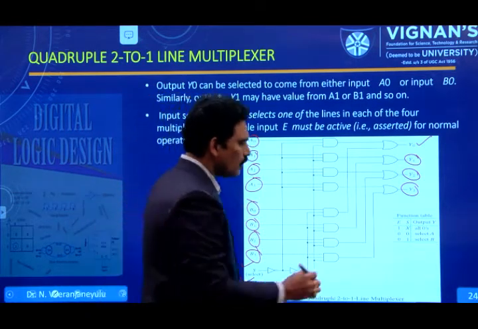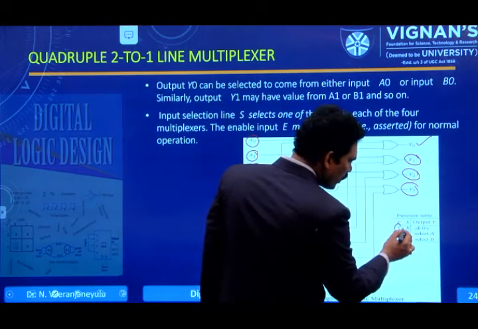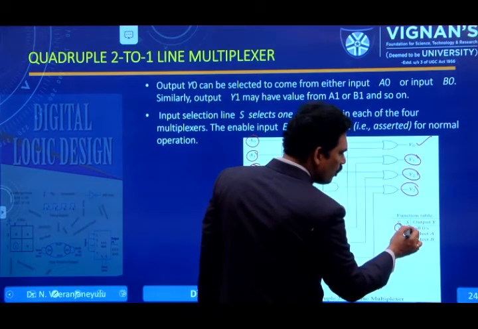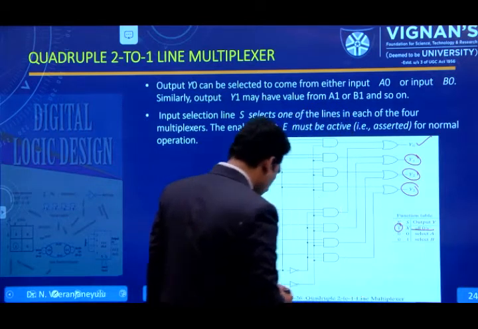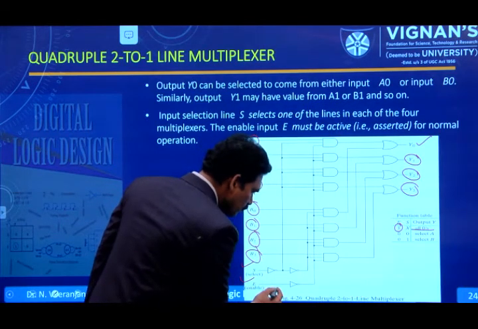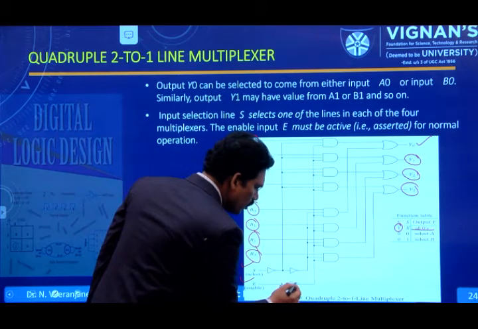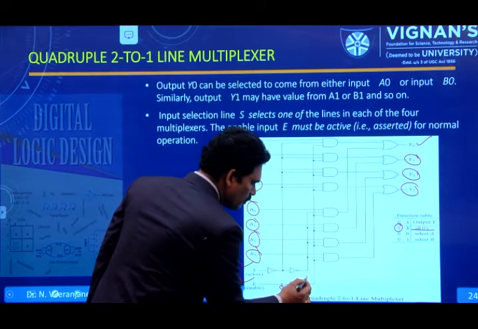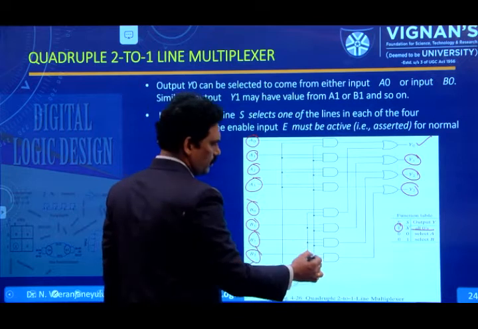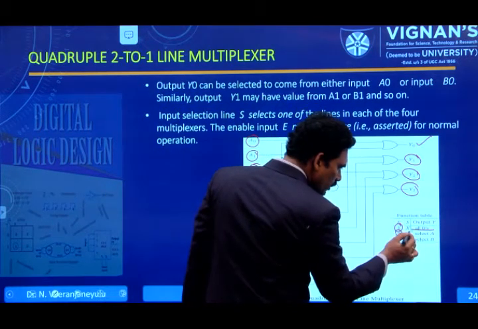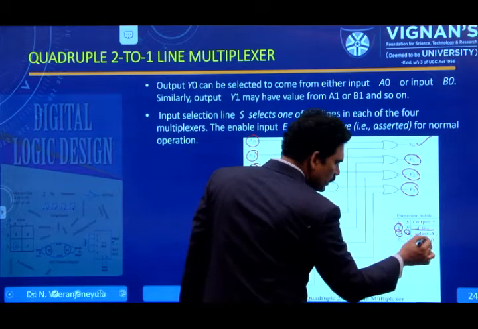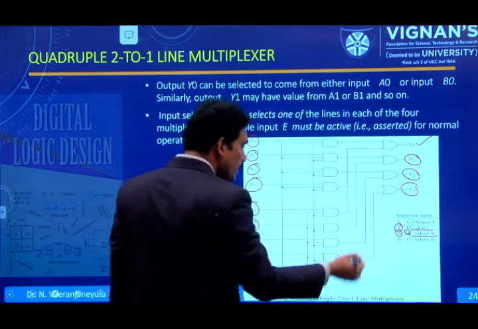If the enable input is 1, then whatever may be the value of S, all outputs are zeros. Enable is active when it is 0, so E must be 0. If the S value is 0, it selects A. What is A here?